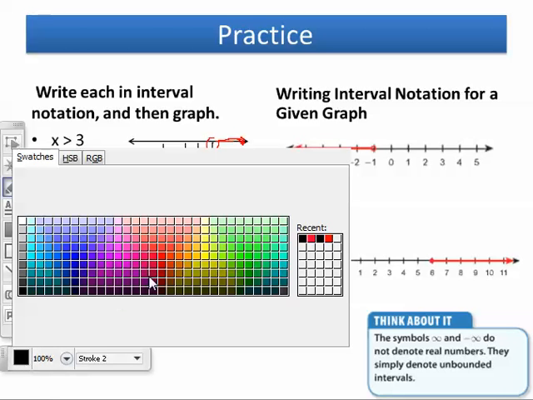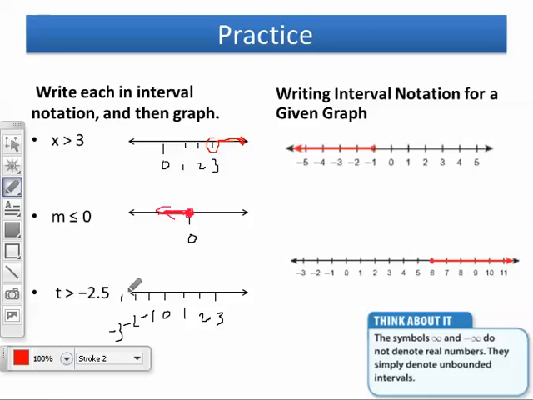Got to make certain I got those negatives in the right places, don't I? So -3, and t is greater than -2.5. I'd make an open circle right there. I'd probably identify it as -2.5, and then I would color everything greater than that, going that way.